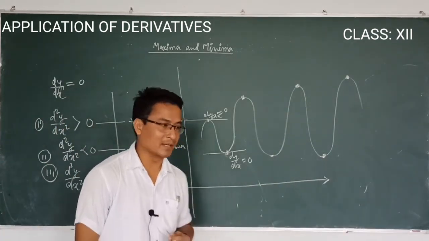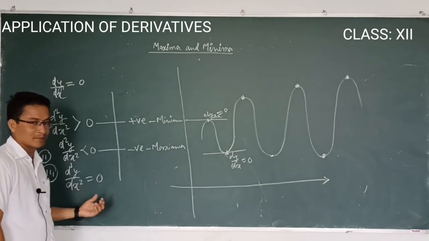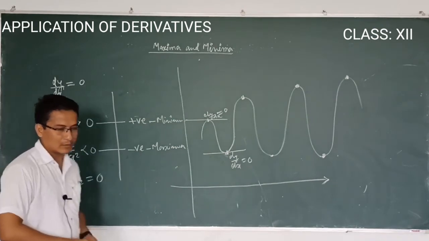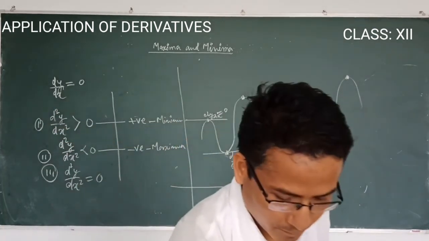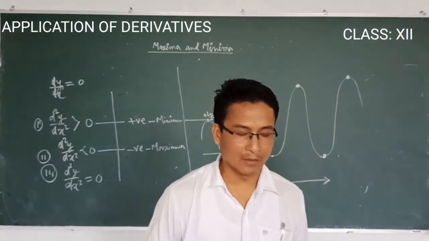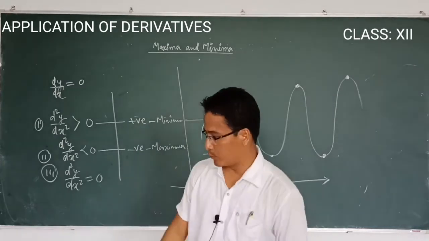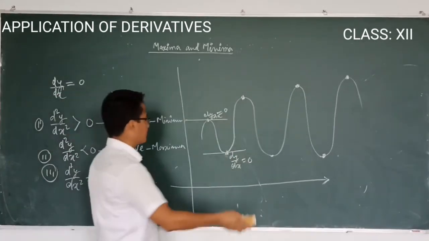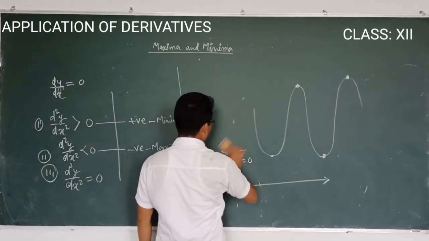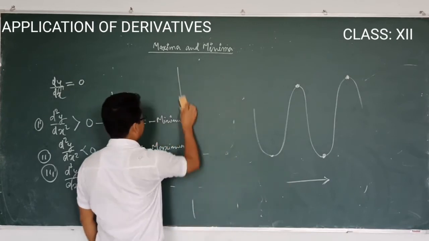Then what? Is it a minimum or maximum? If we get that, then we call the point a point of inflection. That means the point is neither maxima nor minima. So I will show the curve which is neither minima nor maxima.